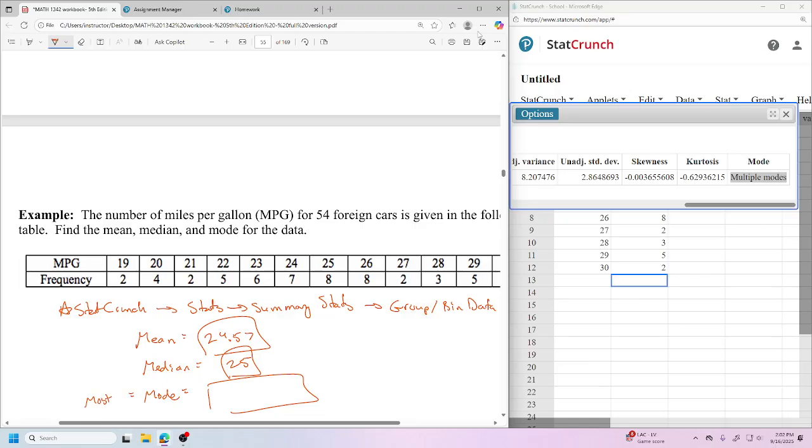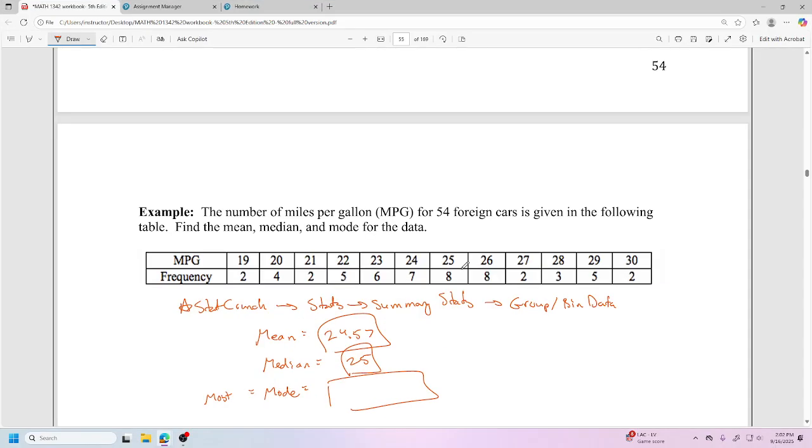I'm looking for the most out of all this. Which one is the most? Yes, and there you go. That's why it said multiple, right? There's two of them. So if I had to put it in the box, I'd be doing this, I guess. So there's your two modes, the mosts, all that stuff.